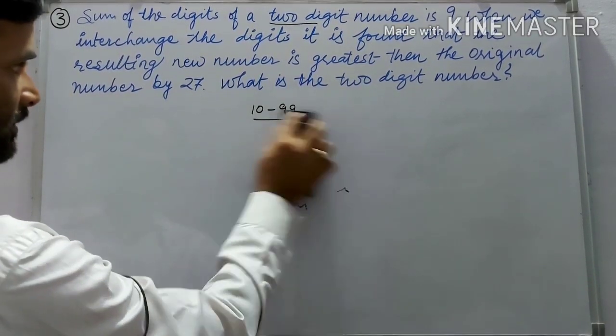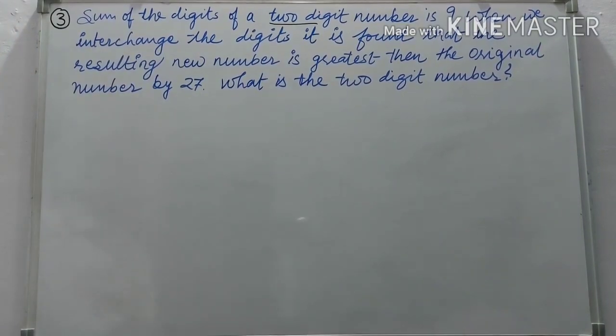So this is the basic of a two-digit number. Now start the exercise. They say the sum of the digits of a two-digit number is 9.